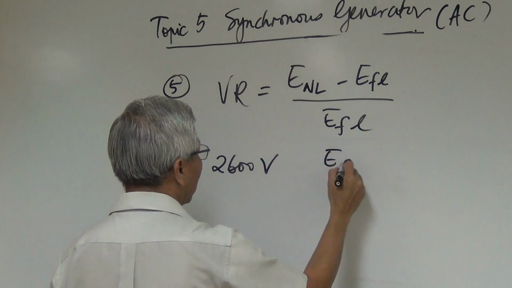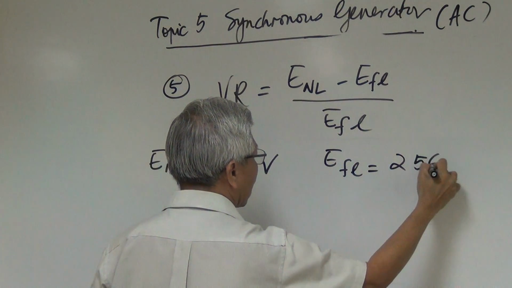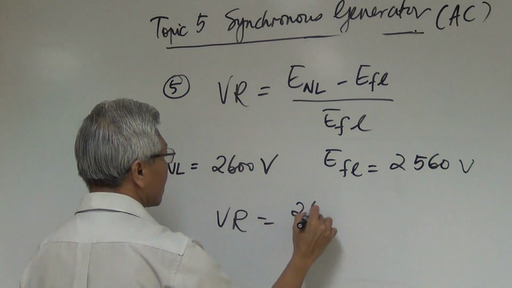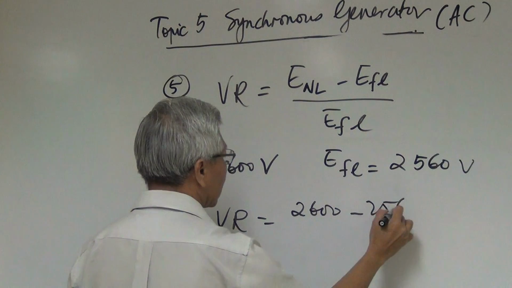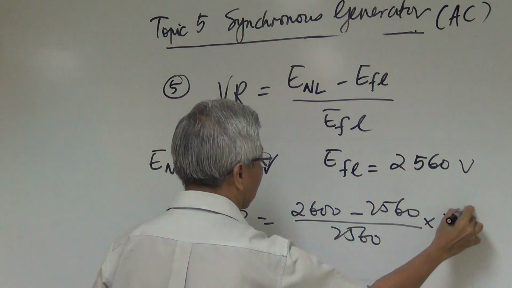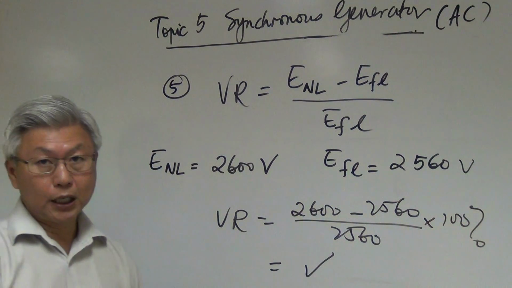When it is at full load, the value is 2560 volt, right? And the voltage regulation is equal to 2600 minus 2560, divided by 2560, times 100%. So that is voltage regulation.